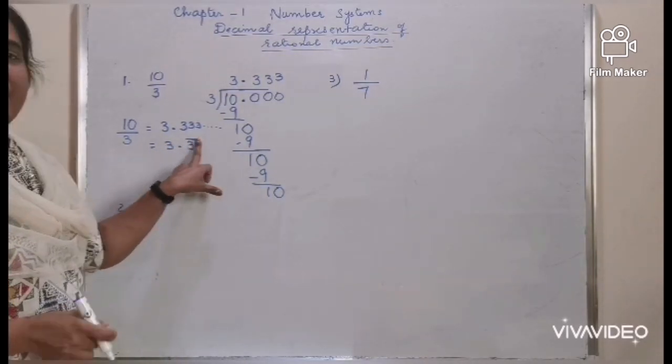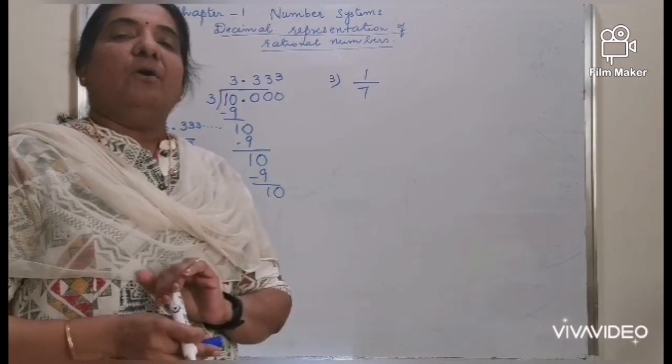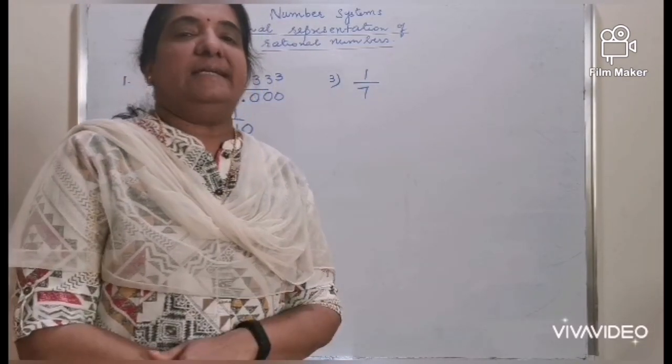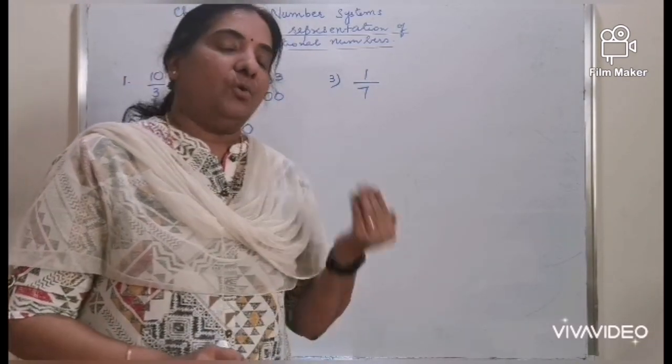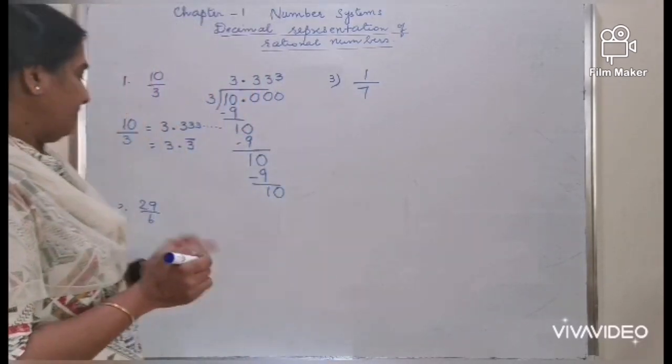The bar symbol you are using here is to be placed on top of the digit which is recurring after the decimal place, not in the whole number part, but in the decimal place.